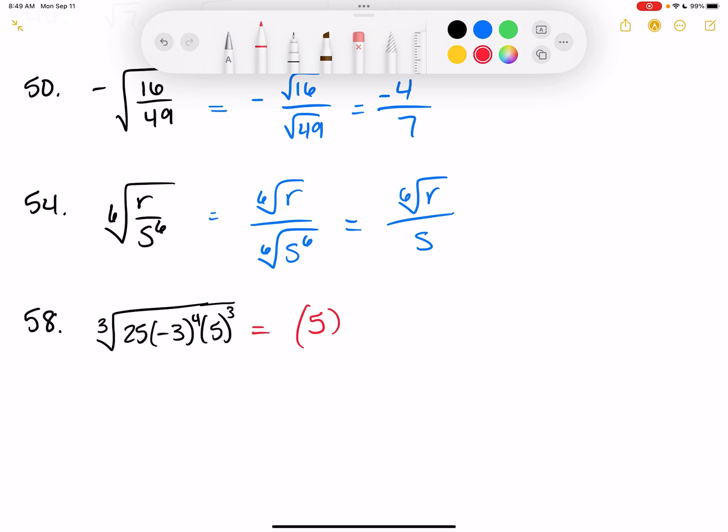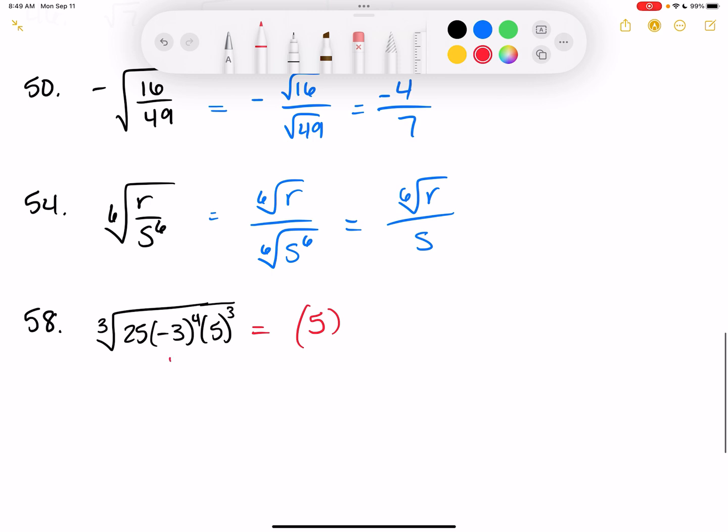Well, then 25, you can take that one. Wait, there's only 2 of those. Oh, 5 and 5 is 25. Okay, so 25 is going to stay in. Then negative 3 to the 4th. Okay, so I'm taking out a negative 3 cubed.